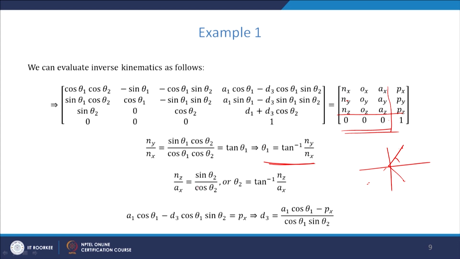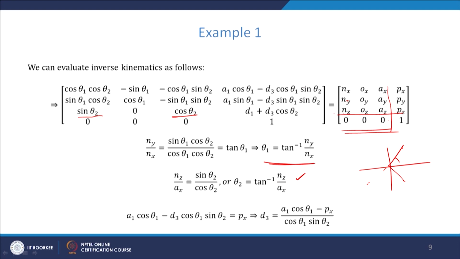And similarly, if you take n z and a z, this will give tan theta 2. From here we can get the value of theta 2 by taking the inverse.